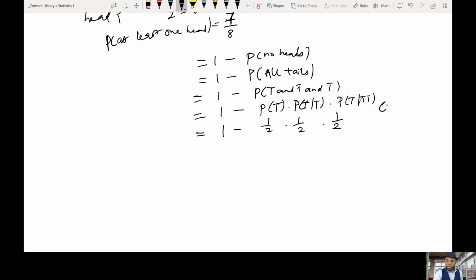So these are independent. And that way we now have 1 minus 1 over 8, and that is simply equal to 7 over 8. Exactly what we got earlier. Pretty easy. That's the multiplication rule.